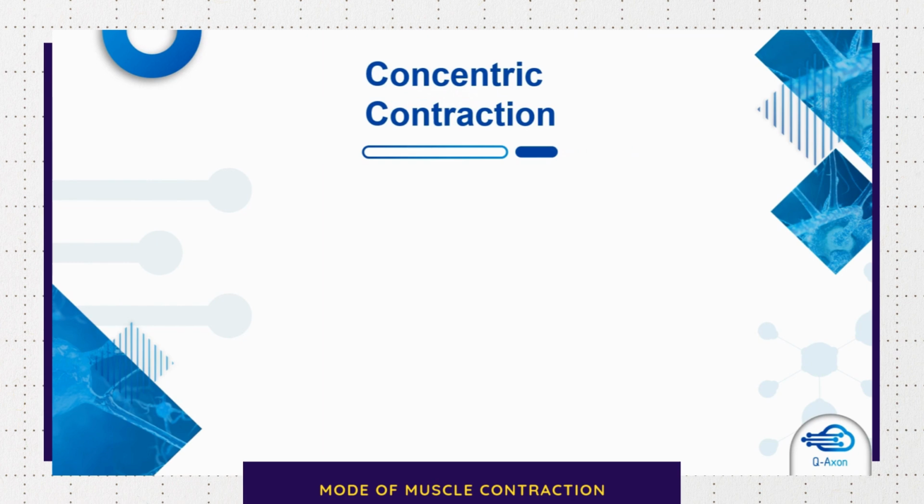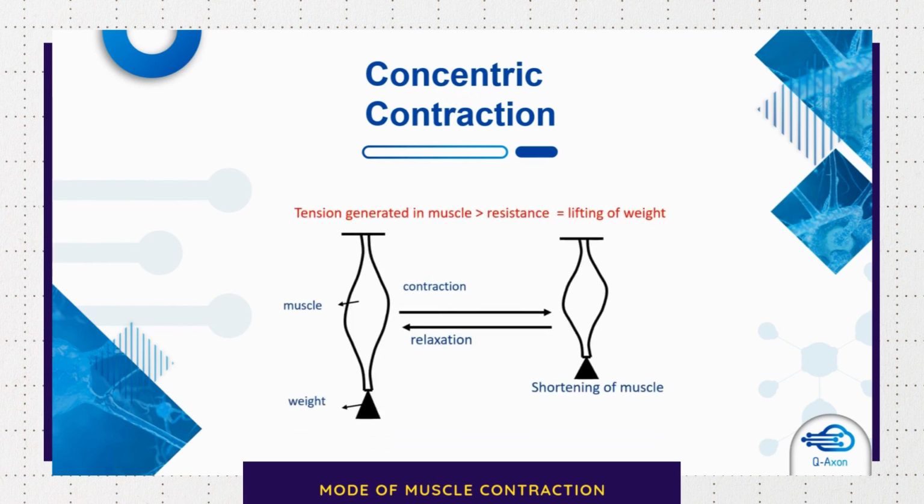So when does concentric contraction occur in a muscle? Let's use this diagram to understand that. So now you have attached a weight to the muscle. Now this is the resting muscle, but in order to lift this weight, you can see that the muscle has generated tension and it has now lifted the weight by shortening.